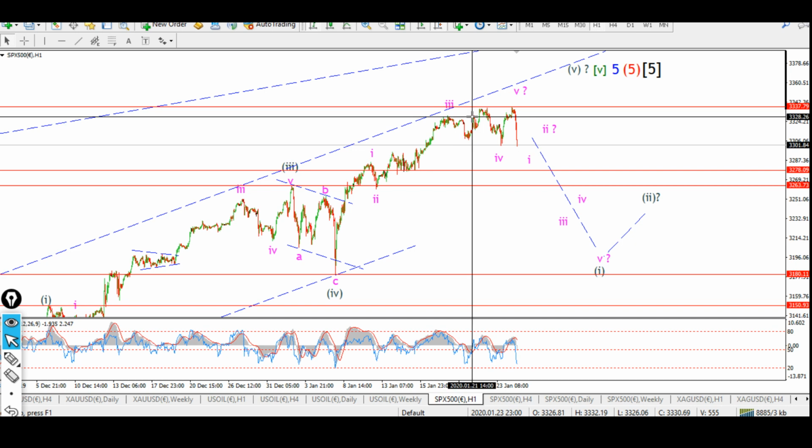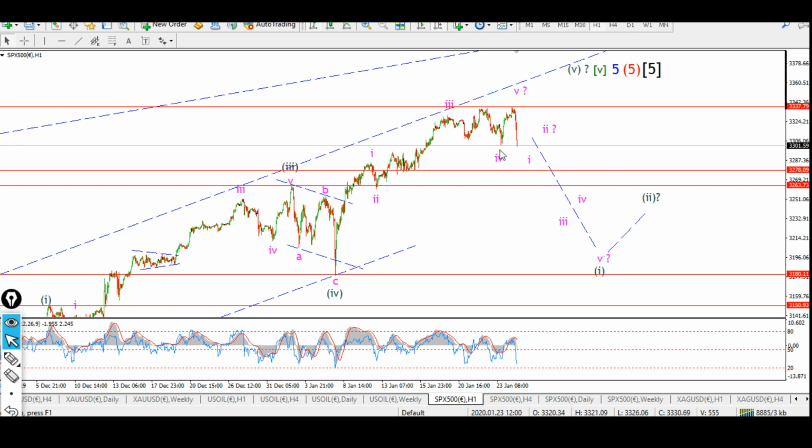What I was looking at last night was the possibility that this was an expanded flat wave 4. So 3 waves down A, 3 waves up B, 5 waves down in C of 4. If that's the case, today's rally looks to have completed wave 5. We've broken, right now we're down at the level of that previous wave 4.